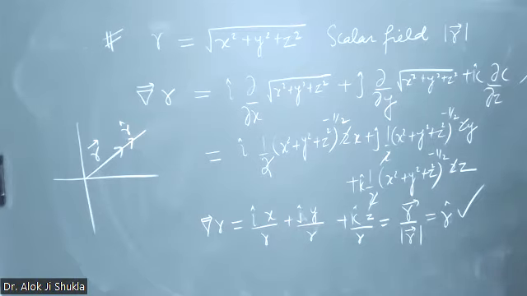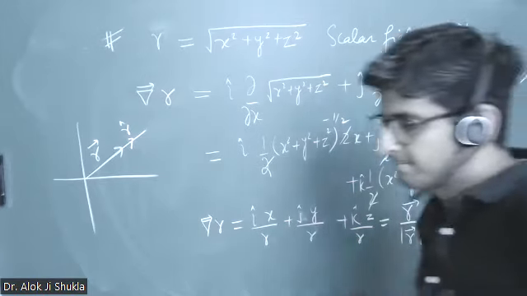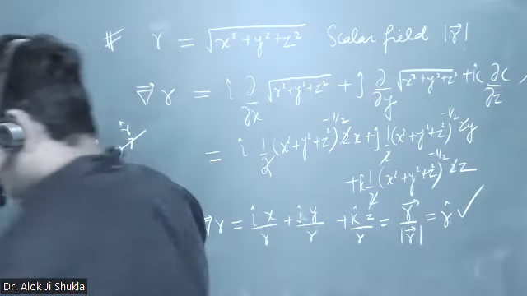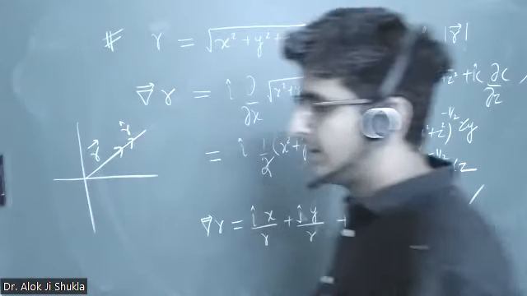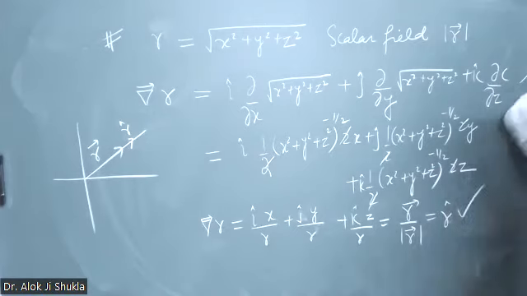So you took the gradient of that. And you know that r cap is a unit vector of r position vector. Yes or no? Yes, sir. समझ आया? Yes, sir. So this is what we expected from this.